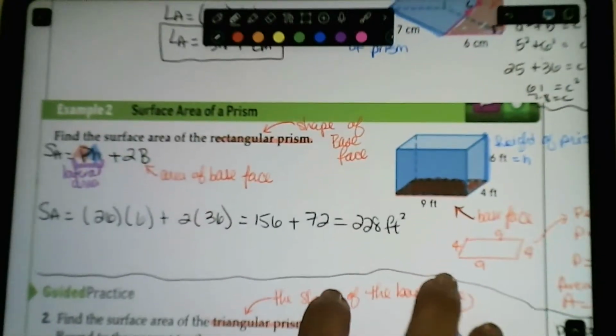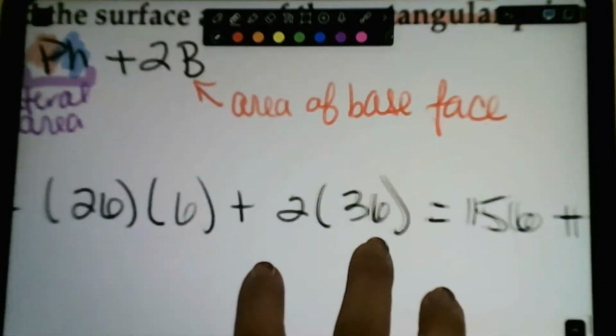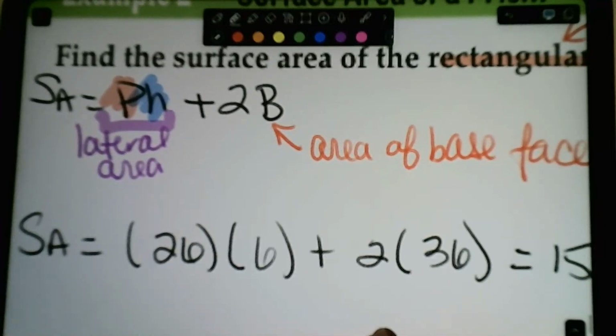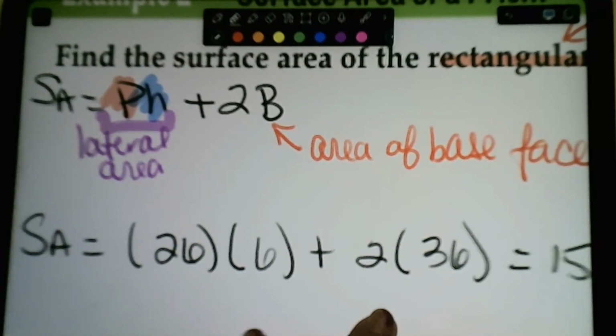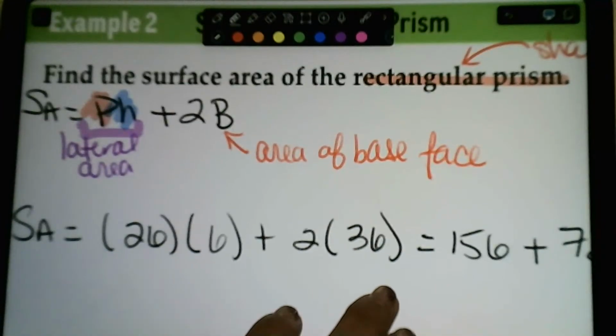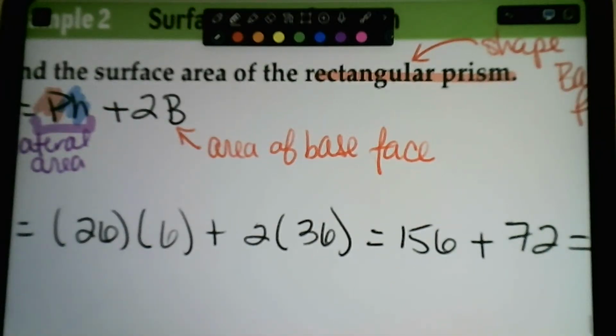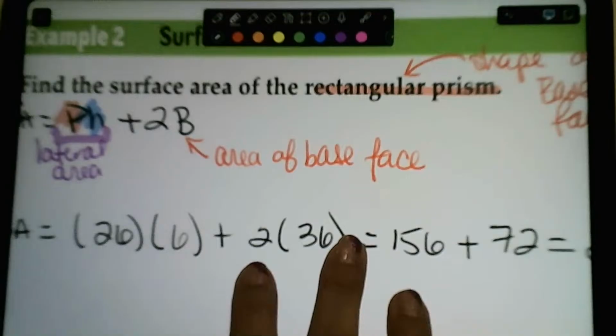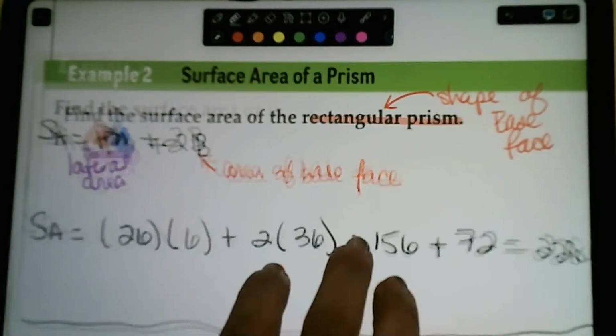And then for total surface area, there was me calculating the lateral area, the area of the base face, and just plugging in numbers and using a calculator. Unashamedly using a calculator to help me with the addition, subtraction, multiplication, division, because I'm very bad at that.